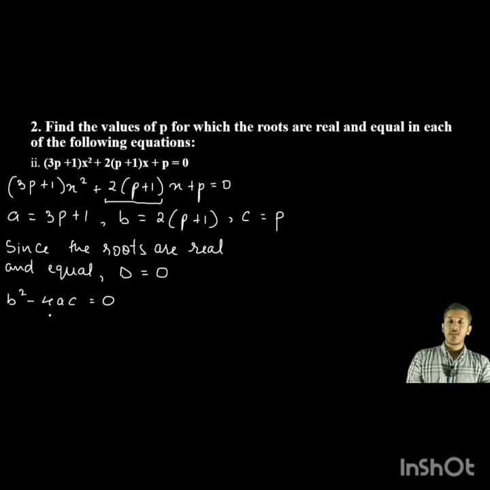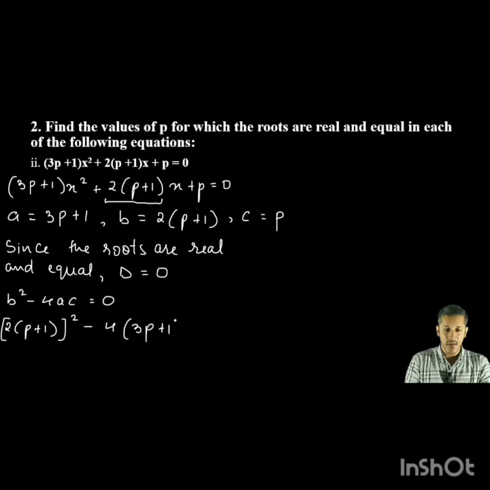Let's substitute the values of a, b, c in this equation and check what we get. So we get [2(p + 1)]² minus 4 times a, the value of a is 3p + 1, times p equal to 0. So this is the equation we are getting.